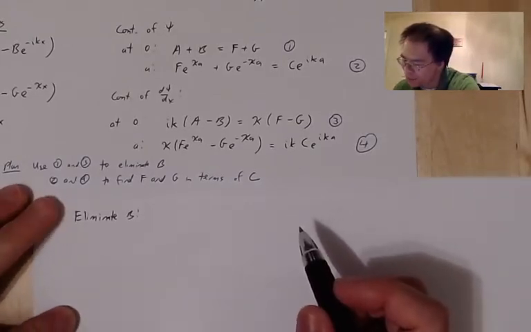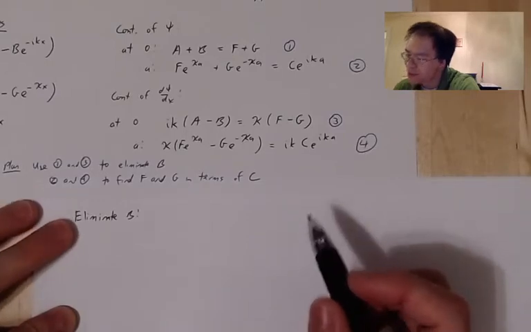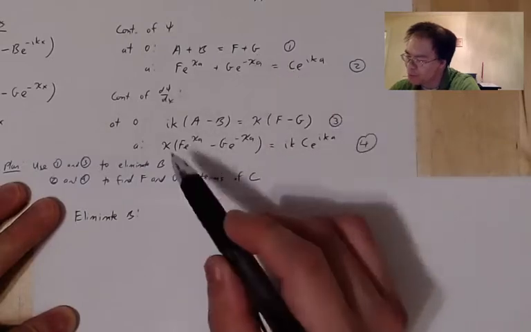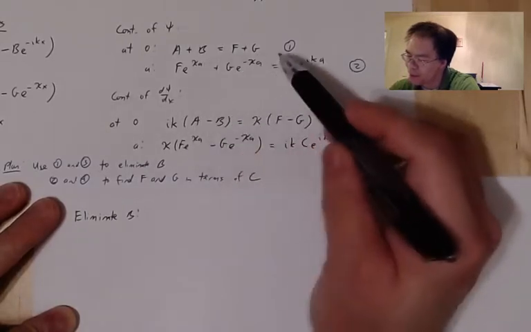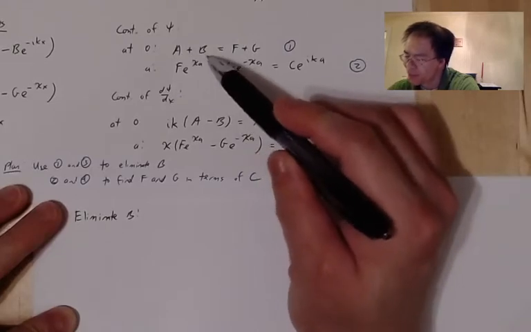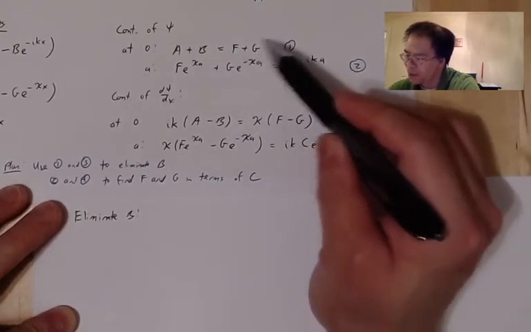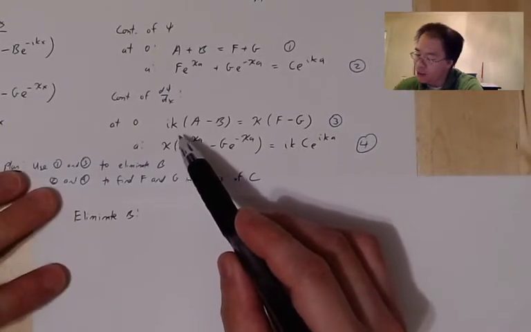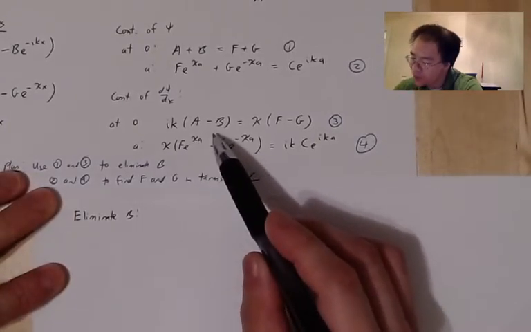There are several ways I can do that. Notice that if I take equation 1 and multiply it by ik, I'd have ika plus ikb on the left, and then if I add that to equation 3, I have ika minus ikb on the left.